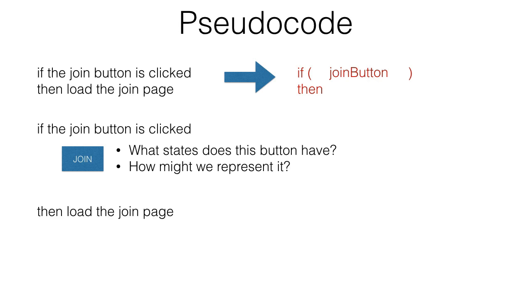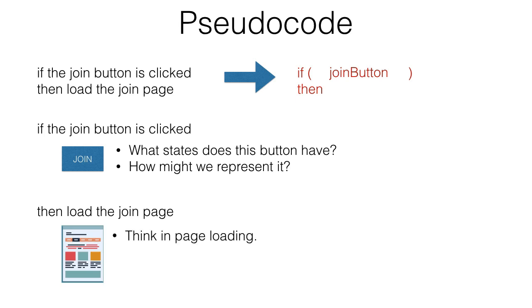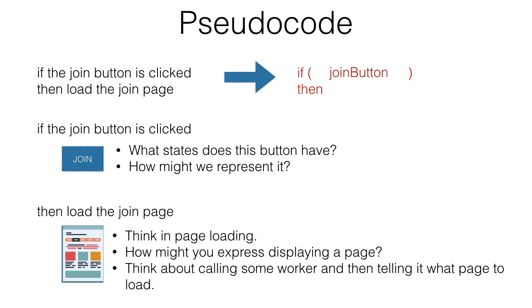So for the then to load the page, and here's our web page, I want you to think in page loading. How are we going to represent that? How are we going to express displaying a page? Think of some worker. So in software, we talk about workers. This isn't a language that we necessarily use in PHP or JavaScript, but it's a popular word in a lot of software languages.